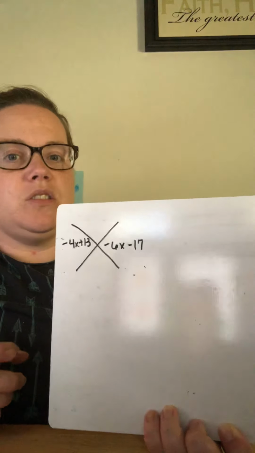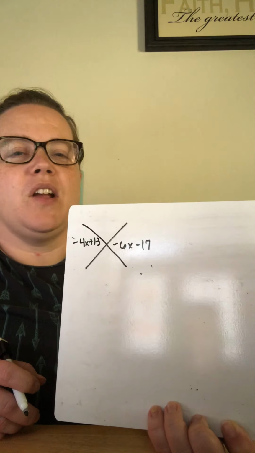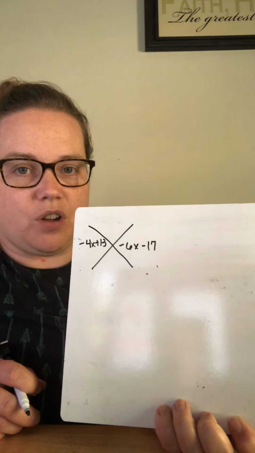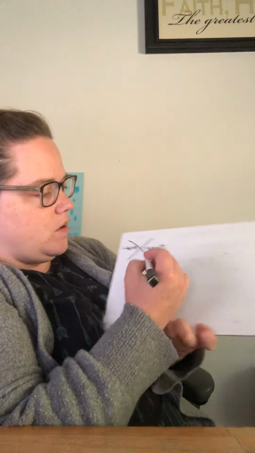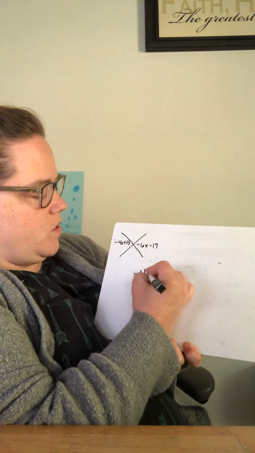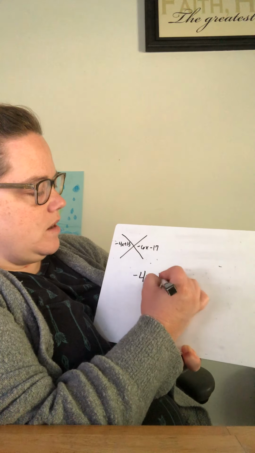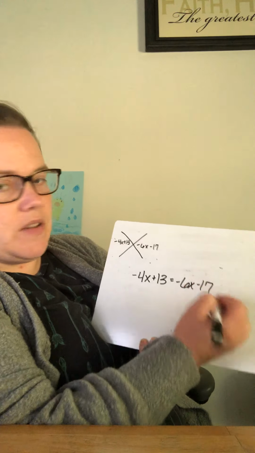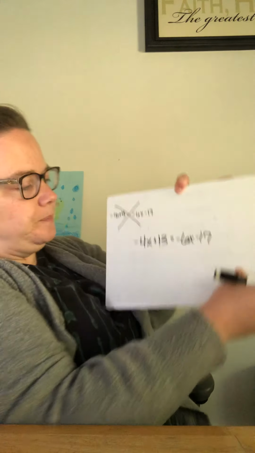Now for these two, we're going to set equal to one another to solve, okay? So negative 4x plus 13 equals negative 6x minus 17, okay?